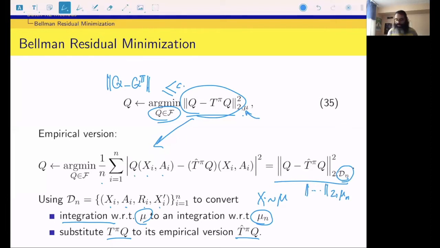Do you remember what T hat pi was, or what the form of T hat pi of Q would be? Anyone on chat, maybe you can add it.